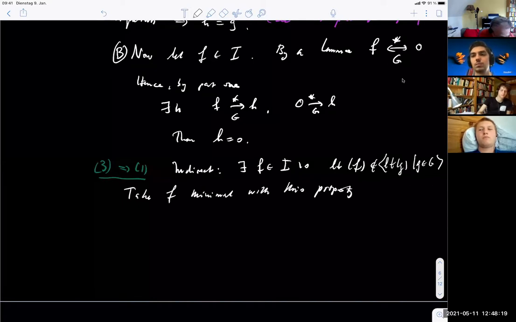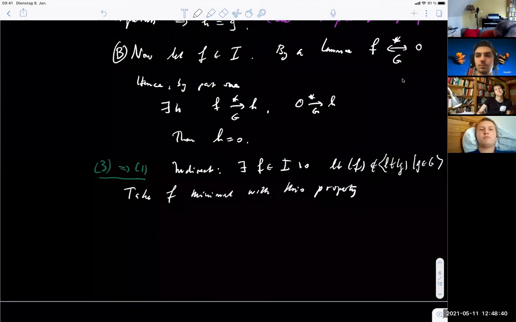This is, by the way, my standard trick for proving things. I have my term order. This defines a partial order on the monomials, and I can do induction. So F is minimal with this property.